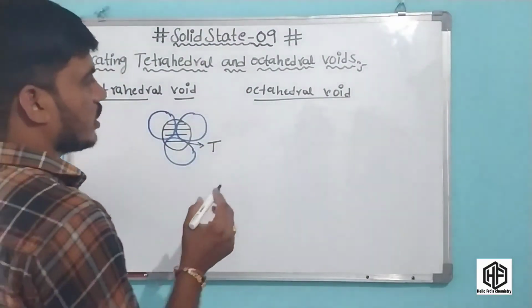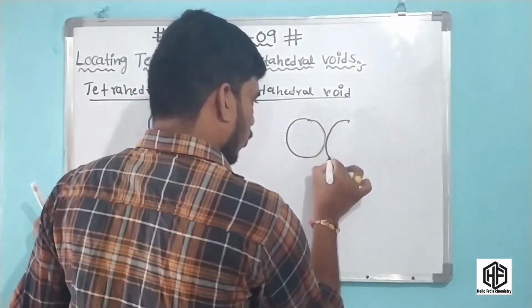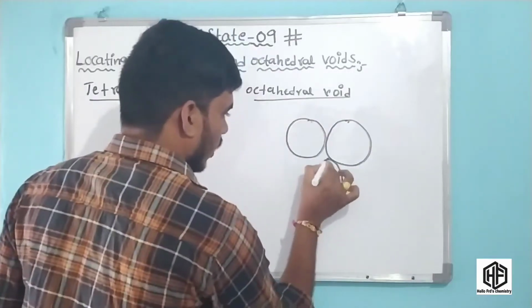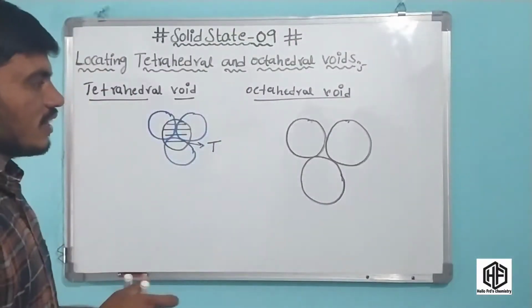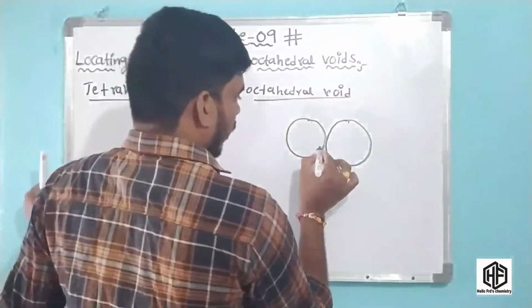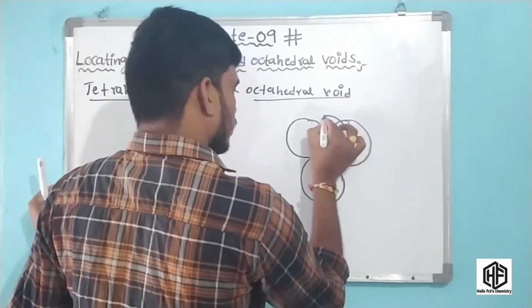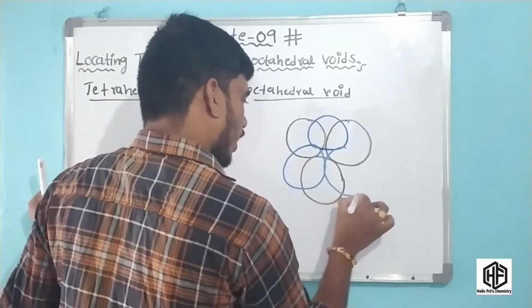The first three atoms are arranged in a trigonal manner, which I represent in black color. These first three atoms are arranged in a triangular manner, and another three atoms are arranged in a triangular manner but in a different direction.